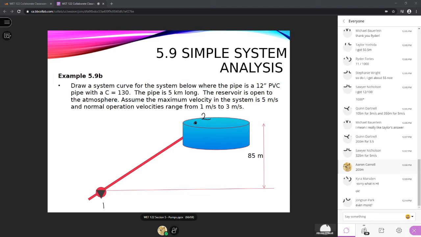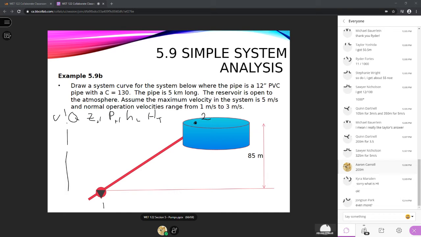We're going to see what the requirements of the pump are. So what does the system need? First of all, again, we start with our velocity. Then we figure out what our flows are. Then we look at what the head requirements are for our pump, like how high it has to lift the water, the elevation head. Then we figure out our pressure head requirements. Then we take a look at what our head losses are, and then we can figure out what our total head requirements are for our system.